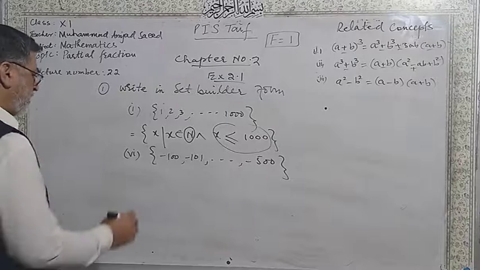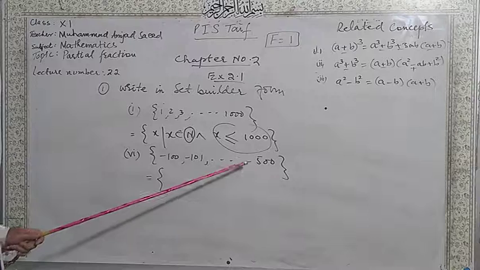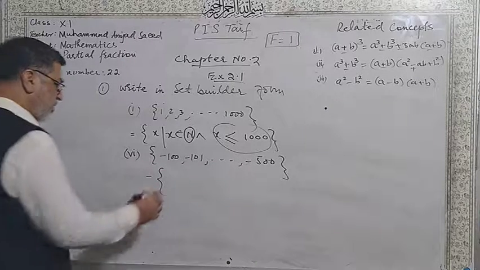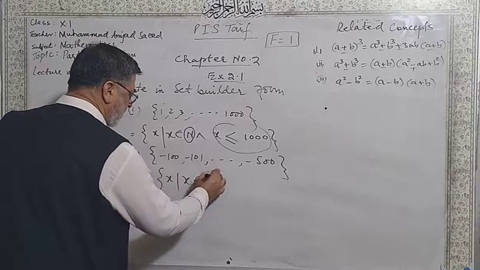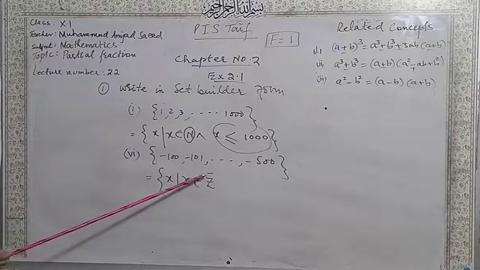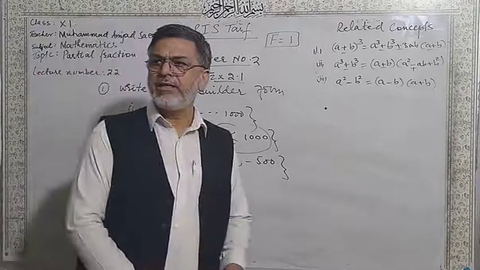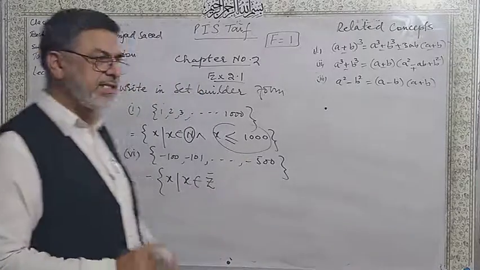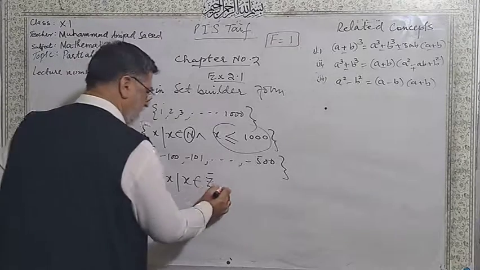So first of all, you know that these numbers are negative, so this can be written as x such that x belongs to Z minus. That minus means the set of integers, that is the negative part of the set of integers.